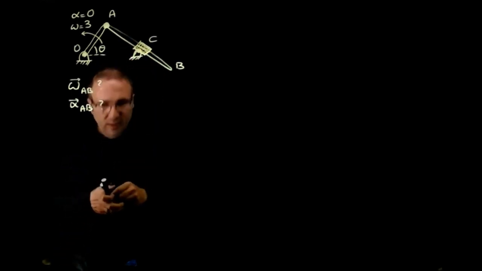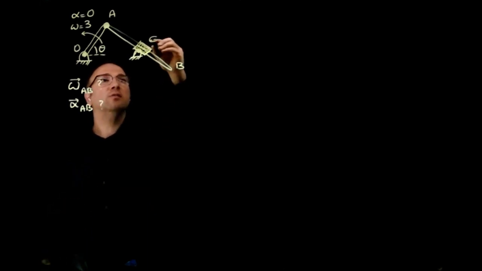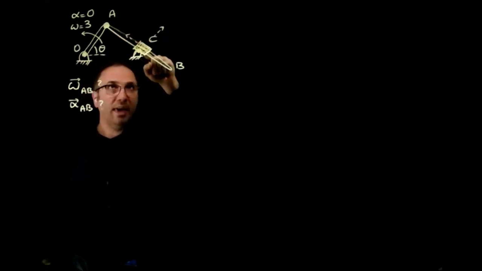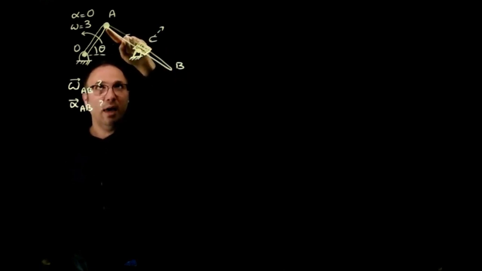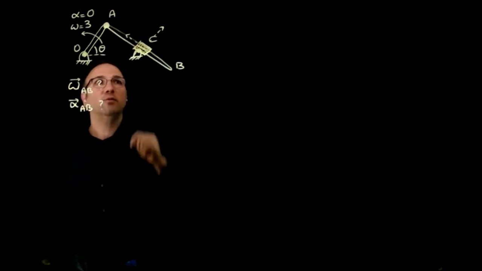So I can attach a coordinate system like that, all right? And then it would be along just the x direction. That is the motion of A in the eyes of somebody who is sitting at C, attached to that C, rotating with that C. So it sees that A is going just along that direction.